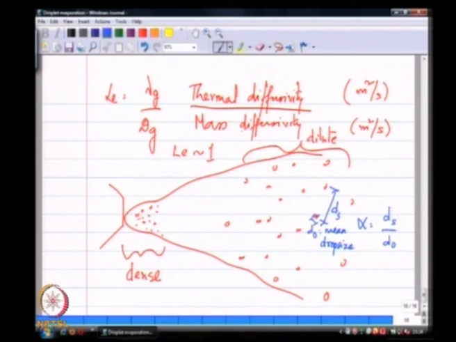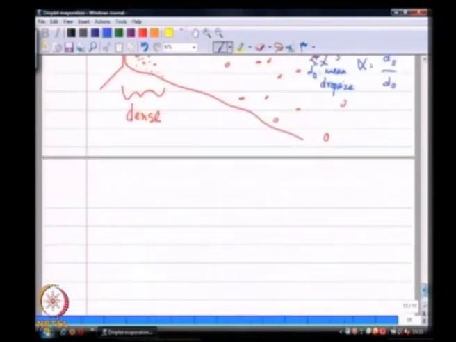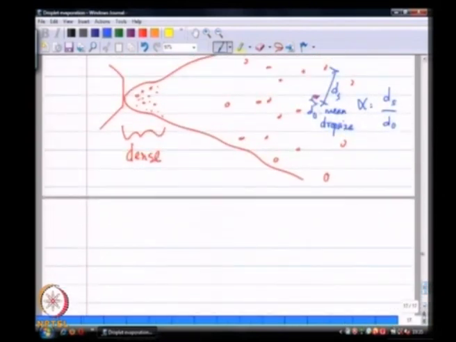If I take a ratio of this d s to d0, and I look at the limit where alpha is very large, that is, the droplet spacing is very large in comparison to the size of the droplet, I am going to create a vapor field which is essentially a superposition of evaporation processes happening from multiple drops.